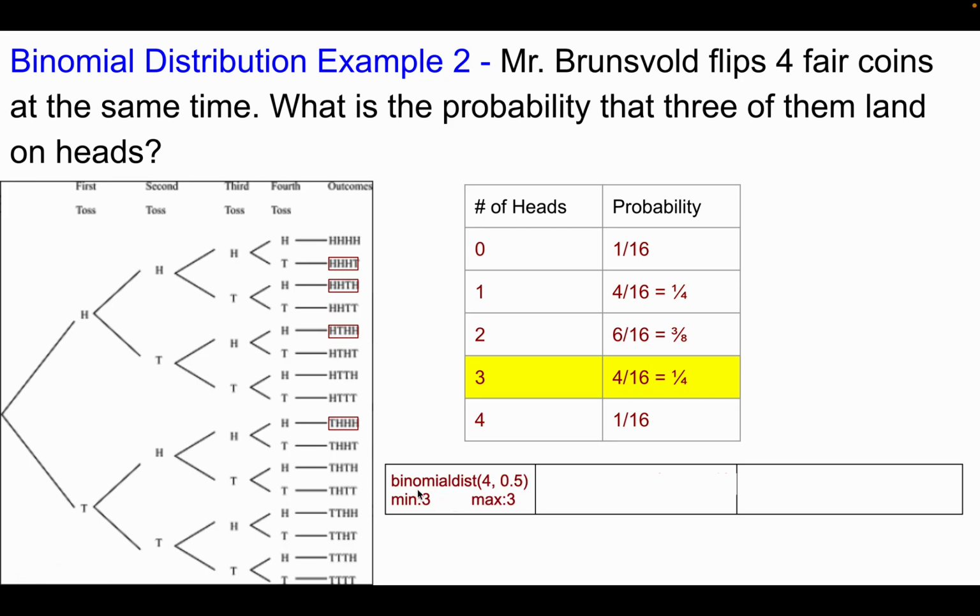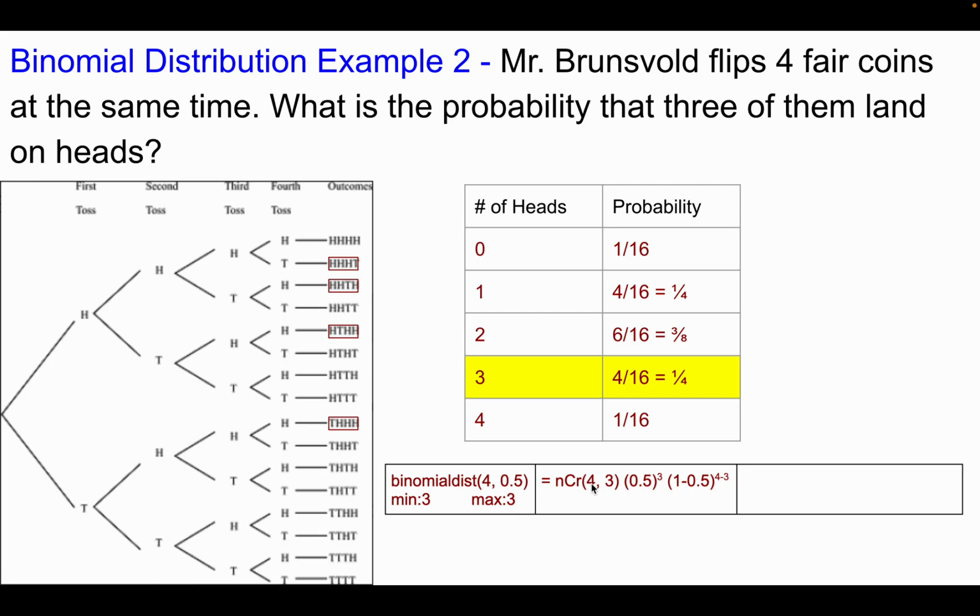Okay, so if I type out my binomial distribution, again, I'm running 4 trials, and again, my probability of a success is 0.5. So the only thing I'm really changing this time around is my r value, right? Because now I'm looking for 3 heads instead of 2 heads, so I'll change those r values to 3.